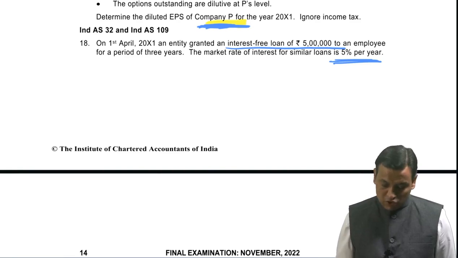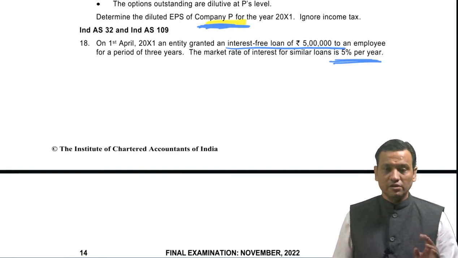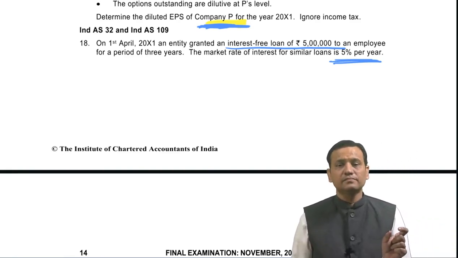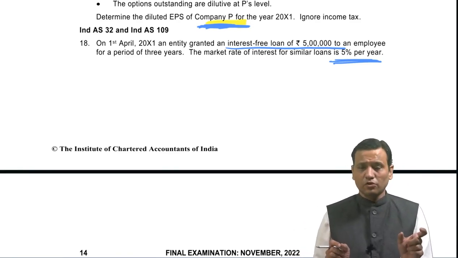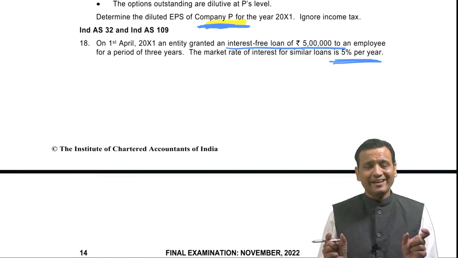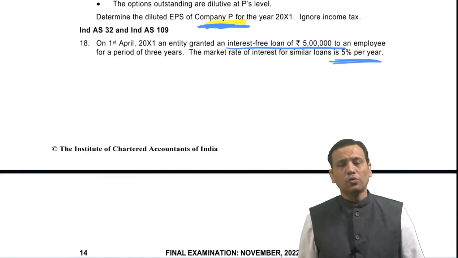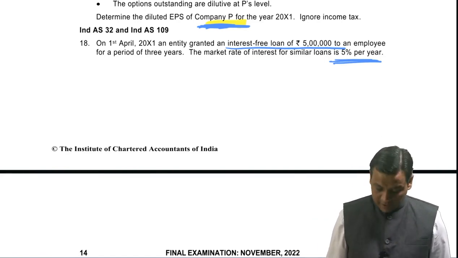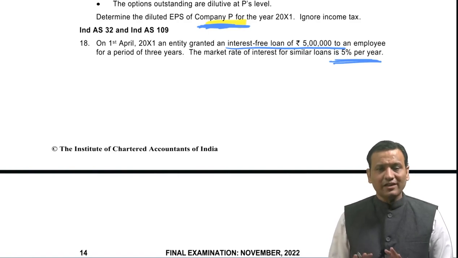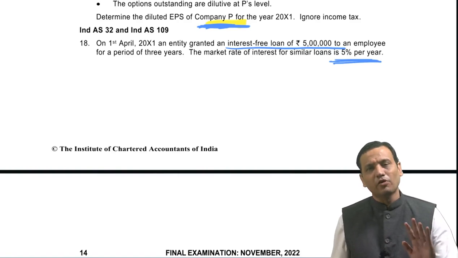So 5 lakhs into the discounting factor at 5% for the third year, and we get the transaction price. The difference between the transaction price, which is the fair value of the loan, and the amount given will be treated as employee benefit cost, which will be amortized over the 3-year period. So this is our initial treatment, and we will be preparing the amortization table. All these things we have already done.